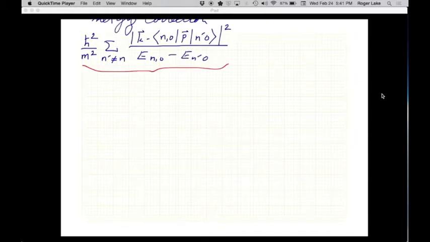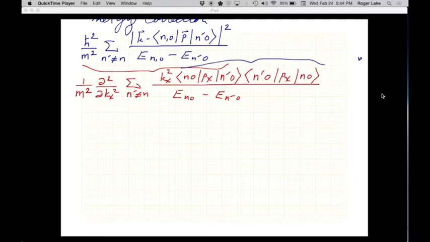All right, so we have to take the second derivative of this thing. I start off with 1 over h bar squared times the second derivative, which will kill that h bar squared. So I'm going to end up taking the second derivative of this. Let me write out that dot product. H bar squared over m squared, sum over n prime not equal to n.